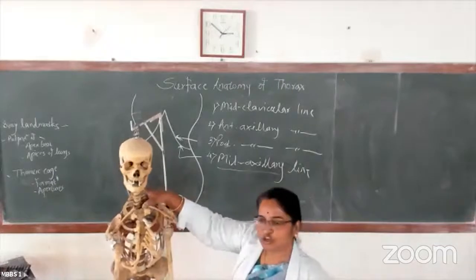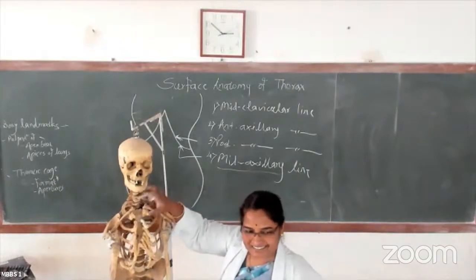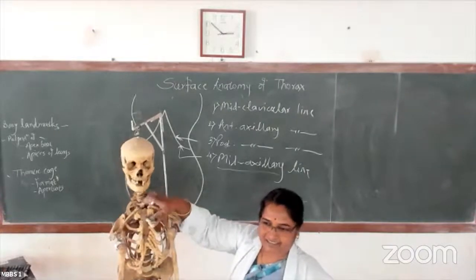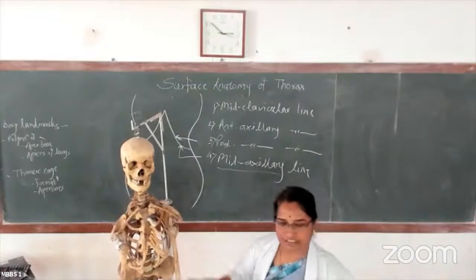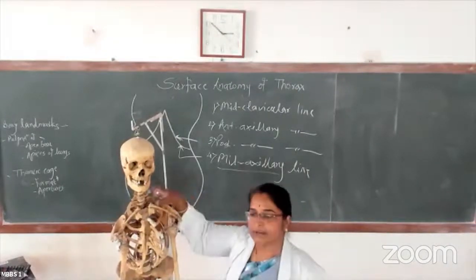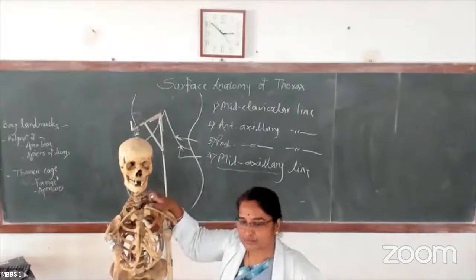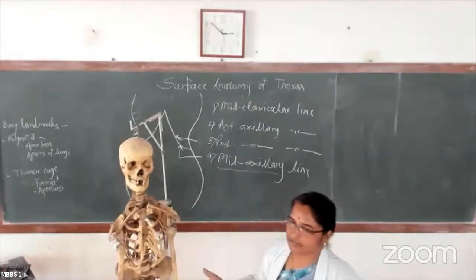Here will be the roof, no? As you know, both these apertures in the living beings are closed. Superior aperture is closed by Sibson's fascia. The inferior, as you know, there is the presence of diaphragm.